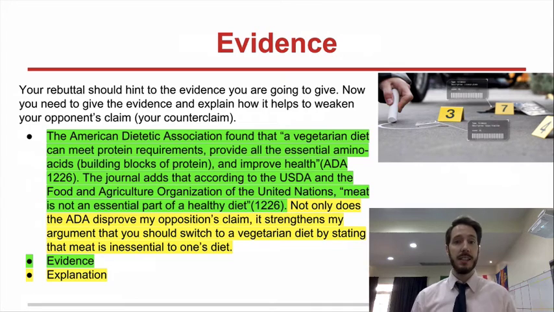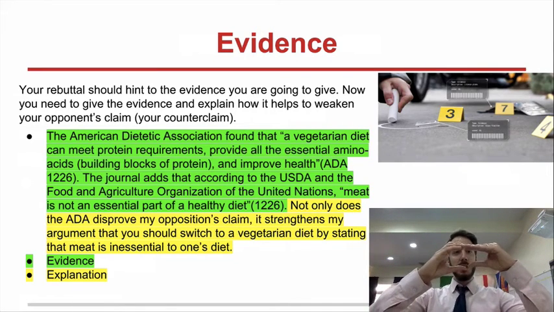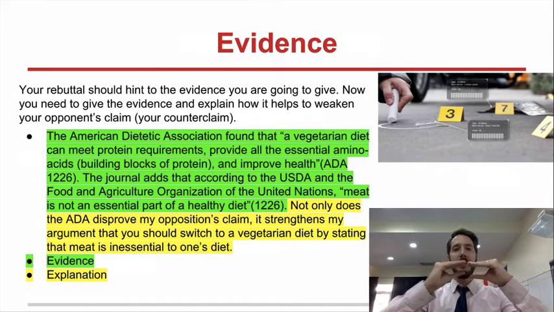Here's the analysis. Not only does the ADA disprove my opposition's claim, it strengthens my argument that you should switch to a vegetarian diet by saying that meat is inessential to one's diet. Now, if I'm being really picky, you really shouldn't use "you"; you should write that in a more professional setting, but it shows that you're taking that evidence and you're saying, now, what does this evidence mean?